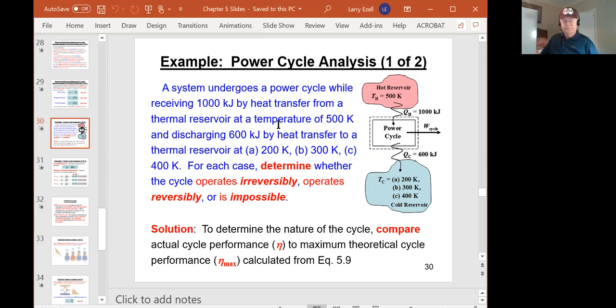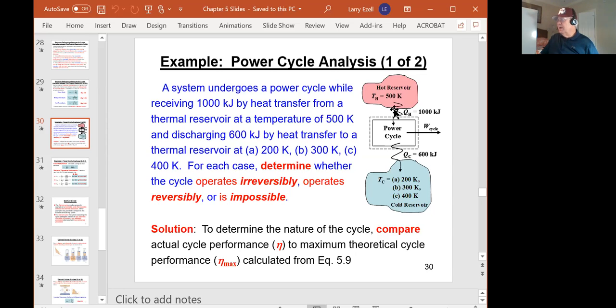Here's our example. A system undergoes a power cycle. So we know a power cycle, the components in here, we don't have to draw them out. They're the boiler. So we've got a hot reservoir at 500K. That could be the flame temperature or the maximum temperature reached by the boiler.